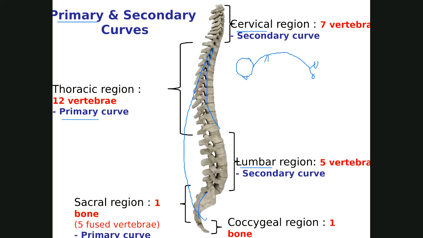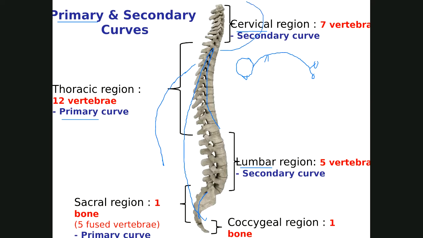So what do you think makes the cervical a secondary curve? What does a baby first do? Starts to hold its head up. Yeah, when the baby starts to lift its head up and hold its head up, that's when it starts to develop the cervical curve. You can see that the thoracic curve is going back like this, and the cervical curve is going forward like that.